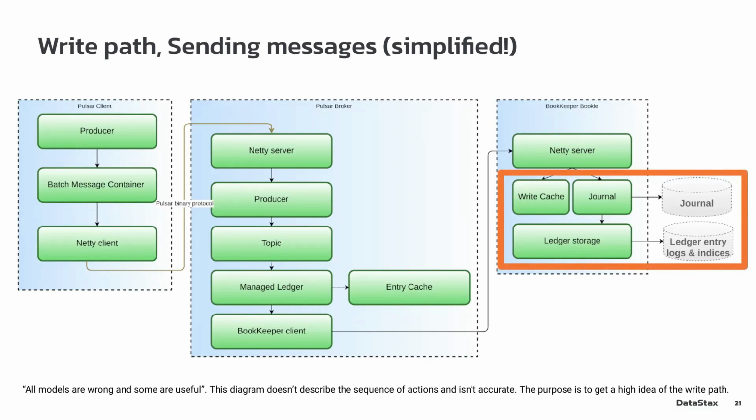On the bookie side, there's a write cache, and then the entries. I didn't mention that earlier, but they're no longer messages that are written to the bookies, it's called an entry, because the entry could be a batch message which contains multiple messages. It happens this way: it's written to the journal and asynchronously from the journal to the actual storage.